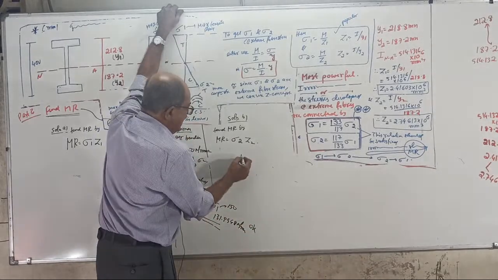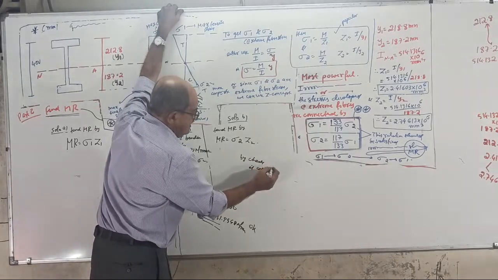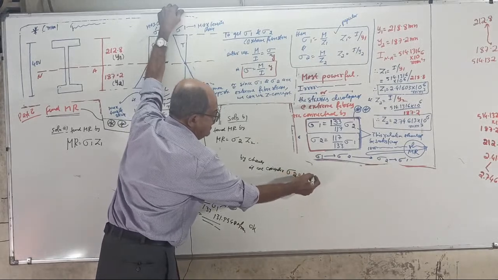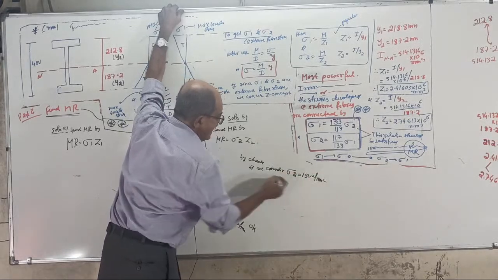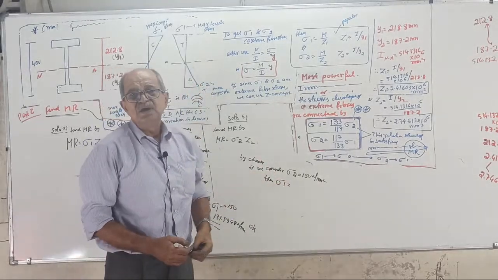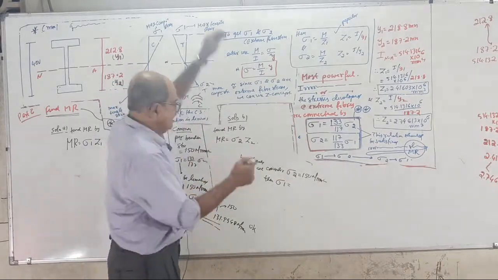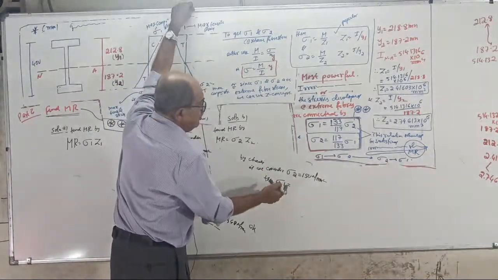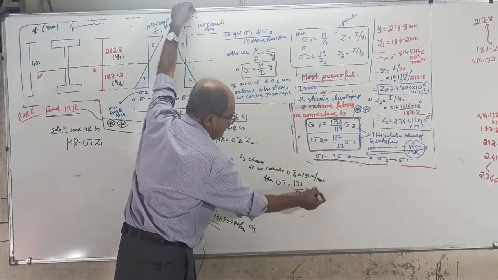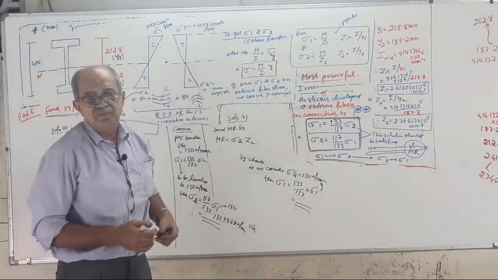Now, right here, by chance, if we consider sigma 2 equal to 150, tell the answer. Then what will sigma 1 be? By chance, you consider sigma 2 as 150 in a hurry to calculate. Sigma 2 is 150, then sigma 1 will be 133 by 117 of sigma 2.